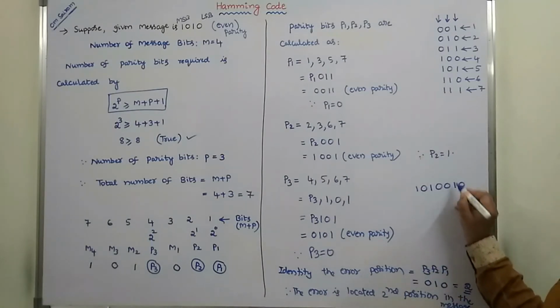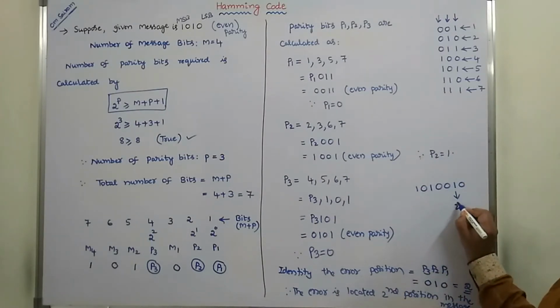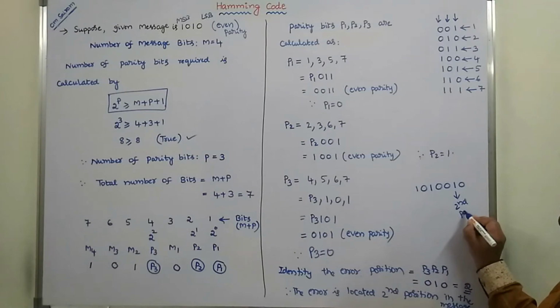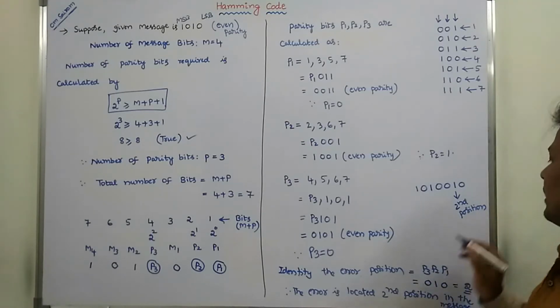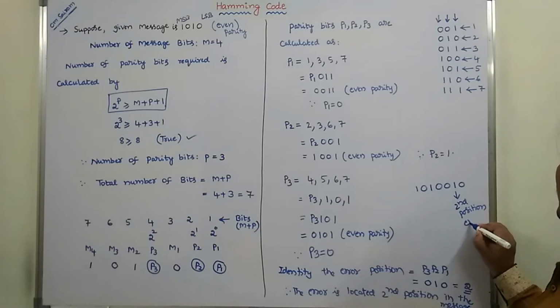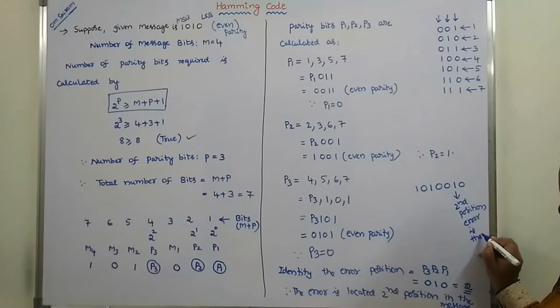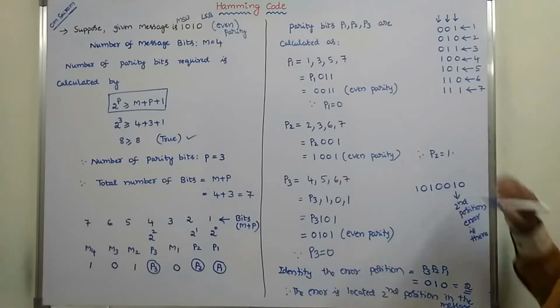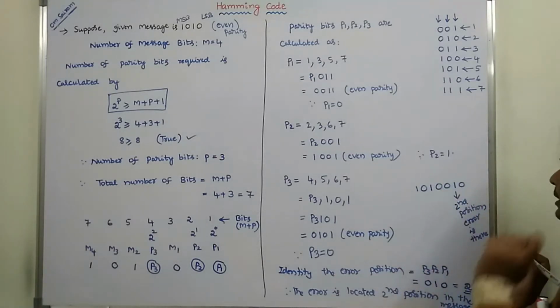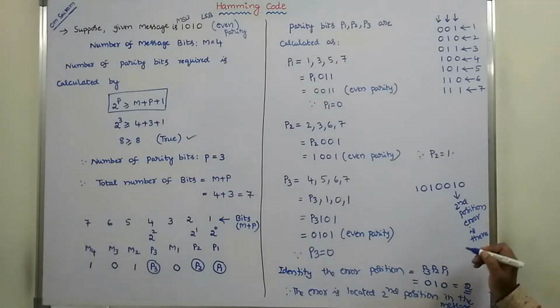So this is the second position. So the error is located at the second position. Error is there. So to correct that error, change the bit from 1 to 0. So that is error correction.